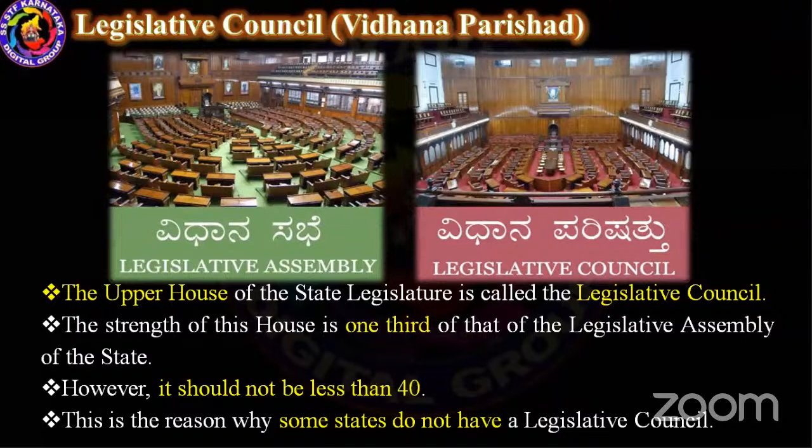Why? Because there is a rule that it should not be less than 40. Due to this, some states do not have a legislative council. Only the few states which have more strength in the legislative assembly have a legislative council.